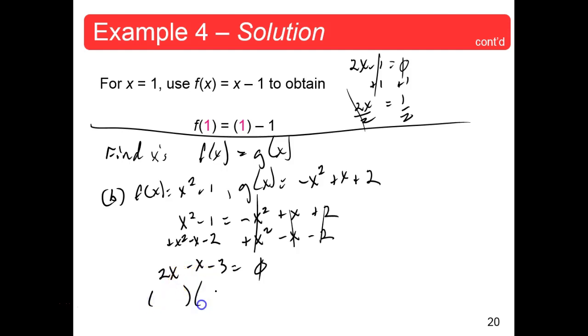Good deal. Now what do we try? Try factoring if we can. What's the only possible factorization for 2x squared? I left off my squared. What's the only possible factorization for 2x squared? X times 2x. Okay, now this is the one we have a little bit of problems with.